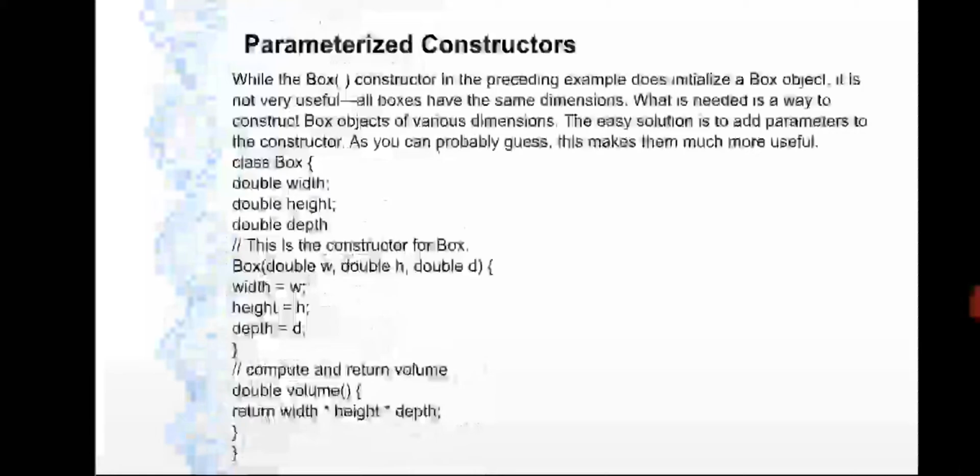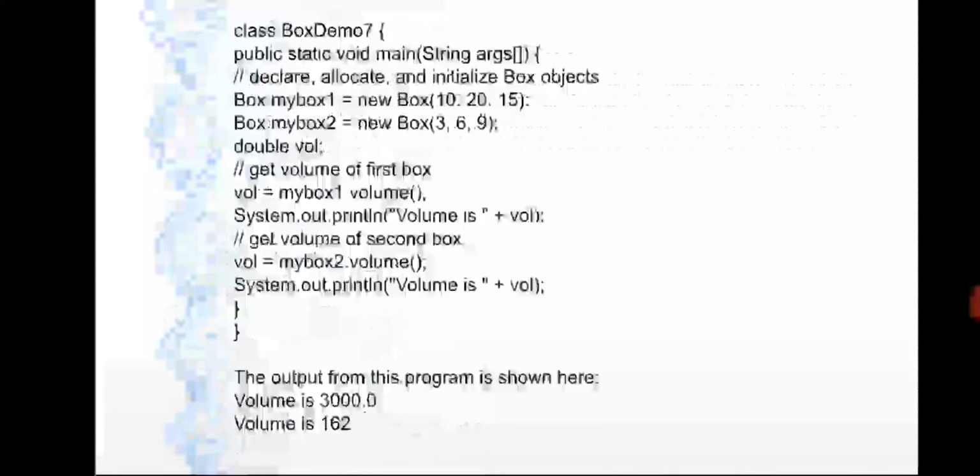You are considering the same class box, with width, height and depth, and one constructor. In this case, the constructor will have three variables, W, H and D, and the same W, H and D will be initialized to width, height and depth. Now you have a separate method, double volume, which returns width, height and depth multiplied.